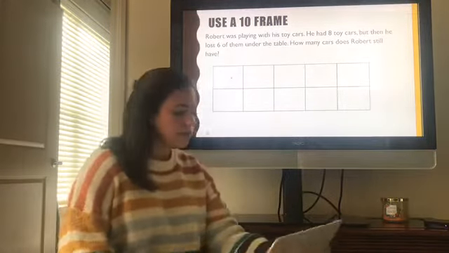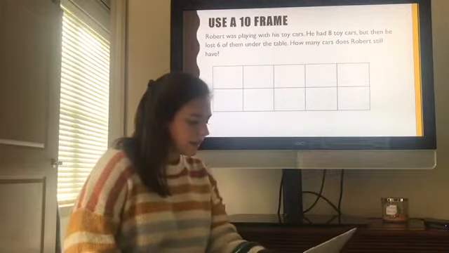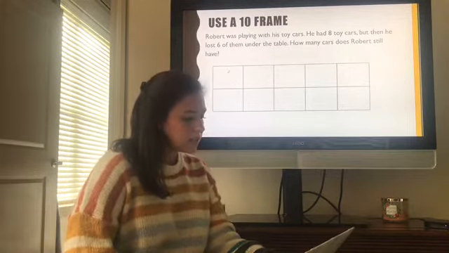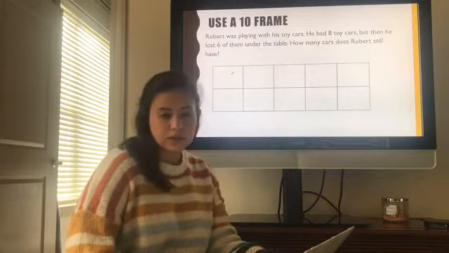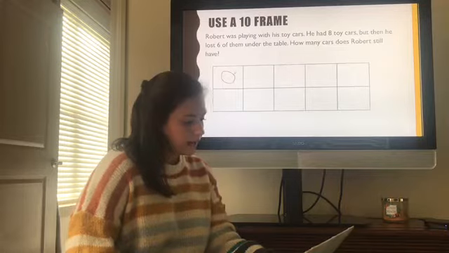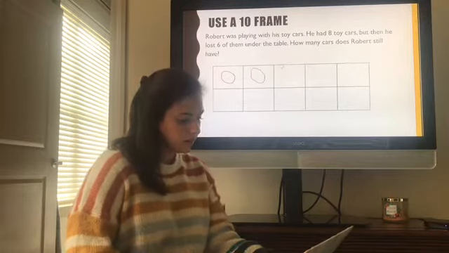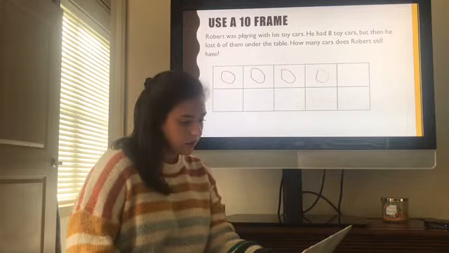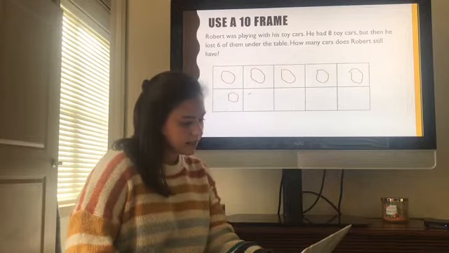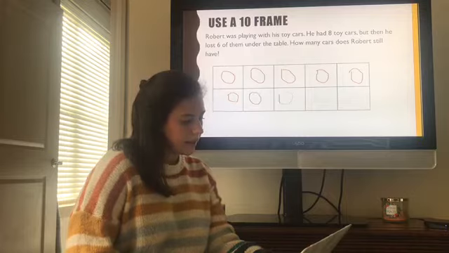So we know that he had 8 toy cars, and then he lost 6 of them. I'm going to start by drawing his 8 toy cars that he had at the beginning, and I'm just going to draw circles to show them in our 10 frame. So I have 1, 2, 3, 4, 5, 6, 7, 8.